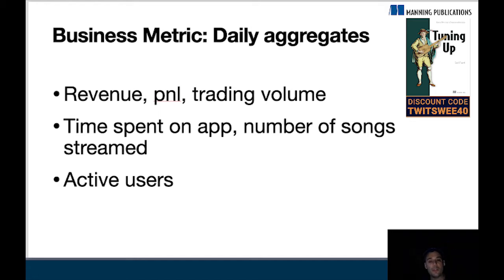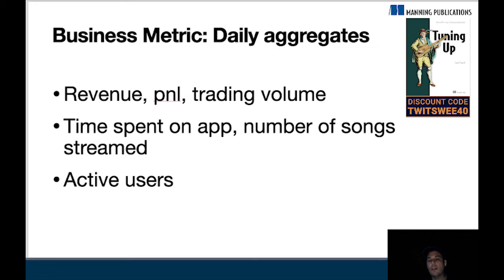Or you might look at the number of songs streamed in a day. You might also just look at active users. For any app or website that has users, they'll typically count the number of people that logged in or viewed pages on their website in a day, the number of unique users in a day. So these are all daily aggregates.